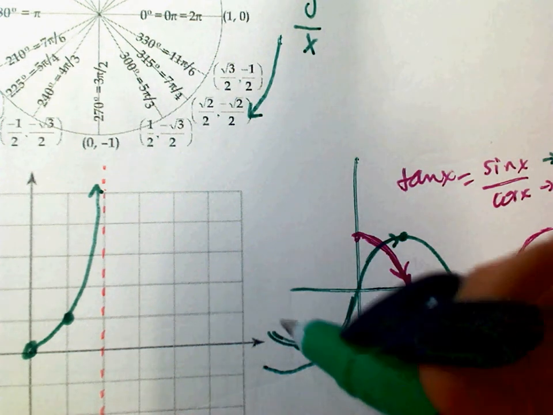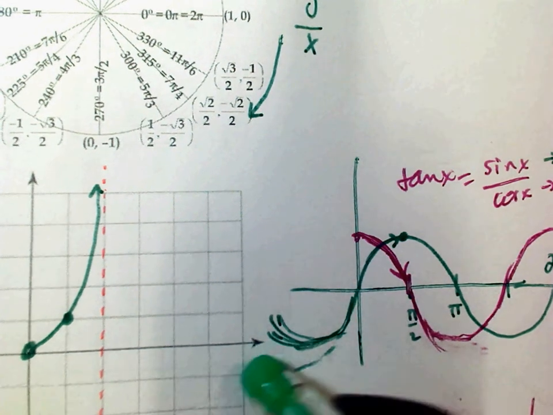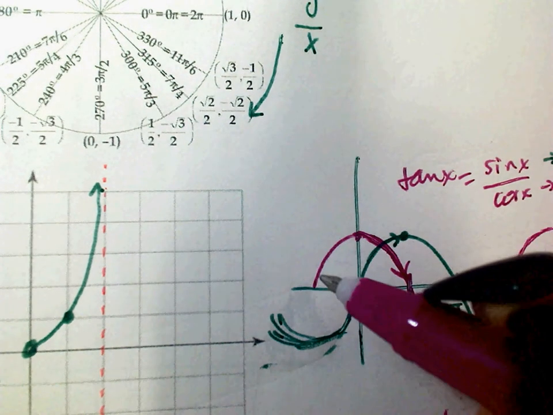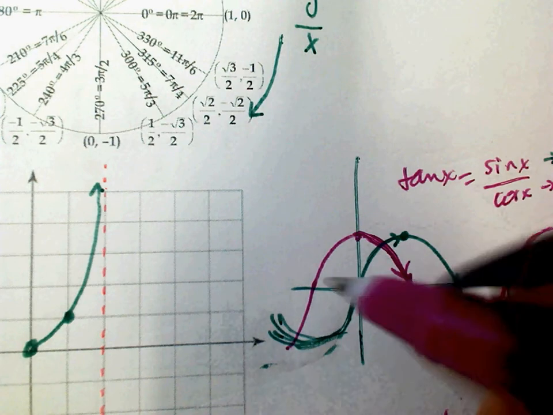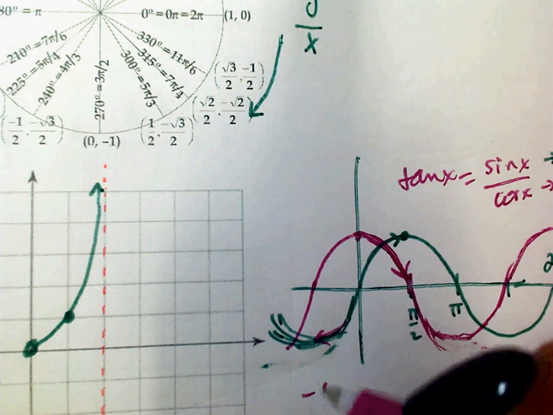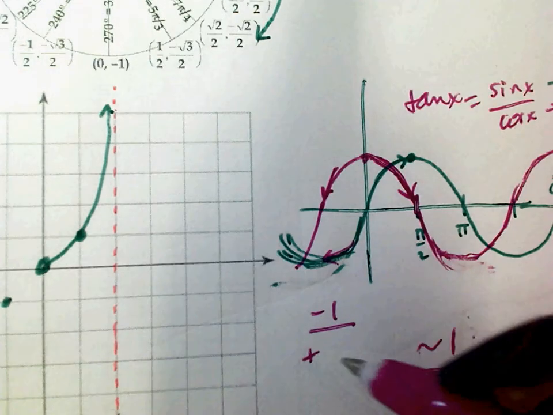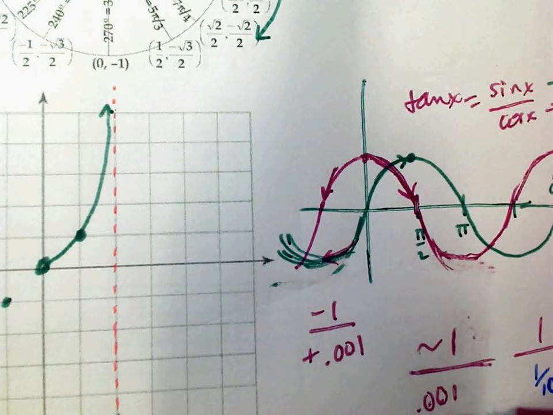When you have sine over cosine, the sine is approaching negative 1, so it's like negative 1 over, but this is still approaching 0 from the positive side, so it's still a positive 0.001, right? So it would be a negative 1,000, negative 10,000, negative million, yeah? Okay, so we have this.